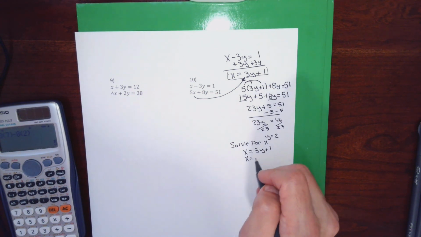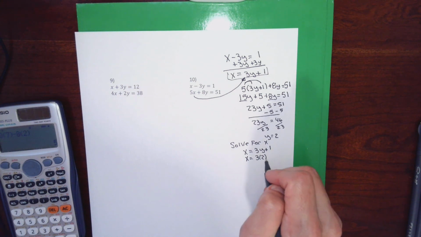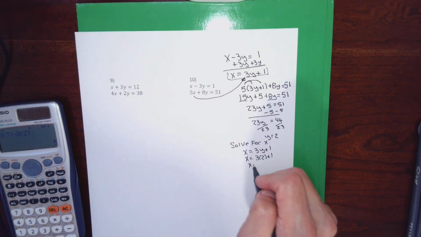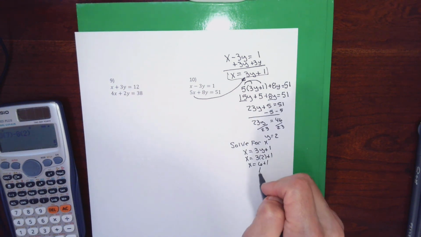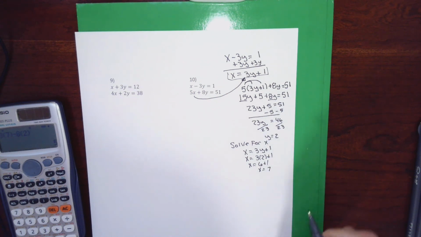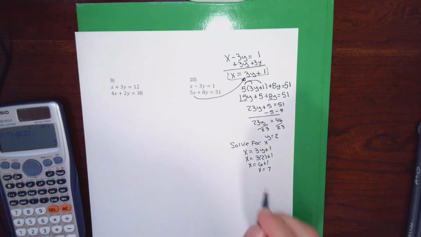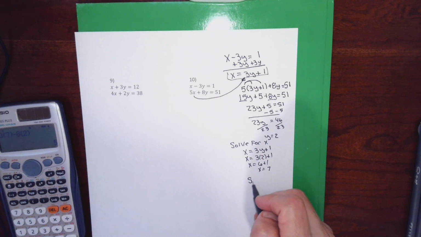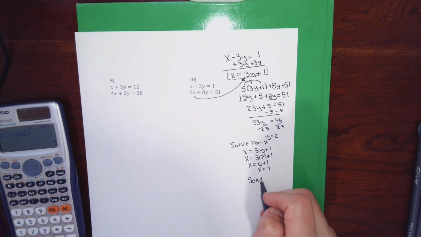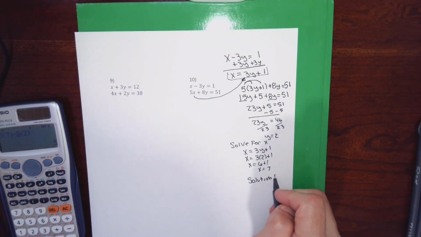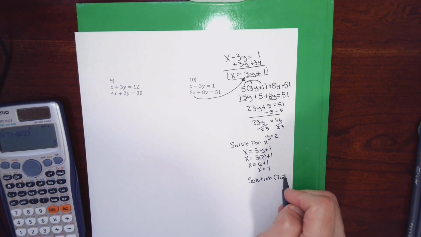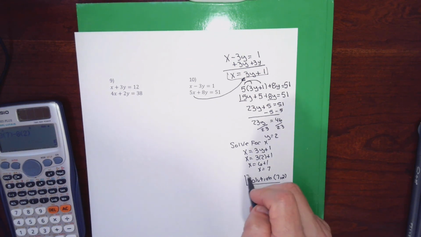They'll all give the same value for x. So I get 7 for x and 2 for y. I claim that these two lines, if I were to graph them, would meet in a single point. And my solution is going to be (7, 2).